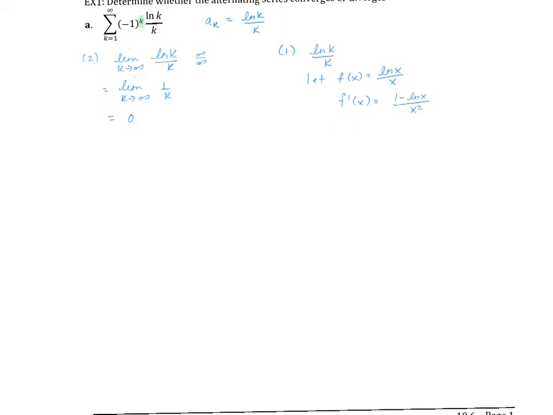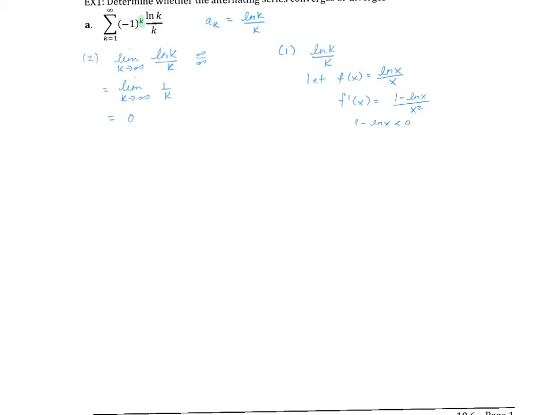So when is this derivative negative? Well, the x squared is always positive or 0. So really all I care about is the numerator. I'm looking at where this is negative because I'll have negative over positive and the derivative will be negative.